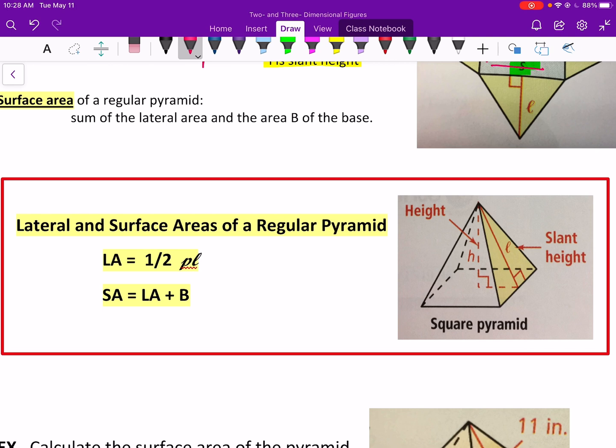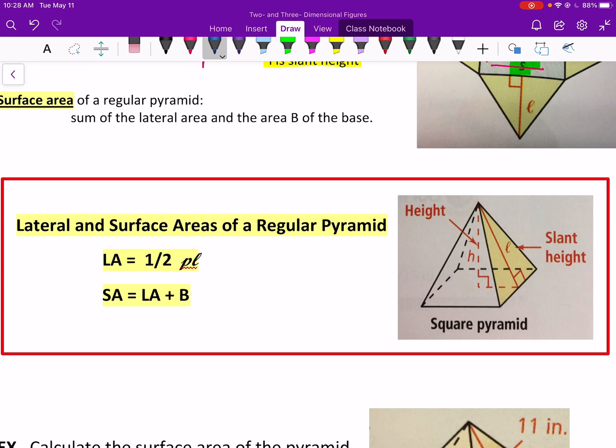So instead of finding one and adding them all together, we're going to find the perimeter and just do the calculation one time. And then total surface area is the lateral area plus the area of that single base, where in the prism and the cylinder we had 2 bases. This time there's only 1 base, so we only add it in one time.